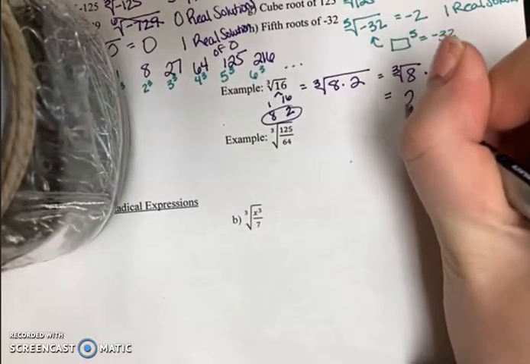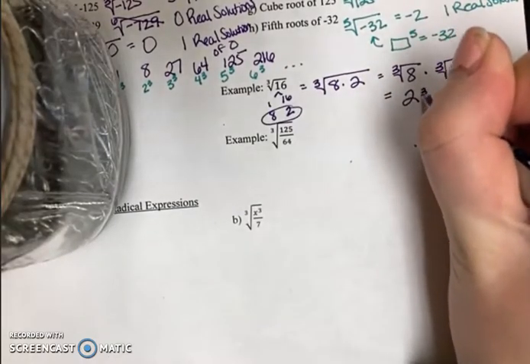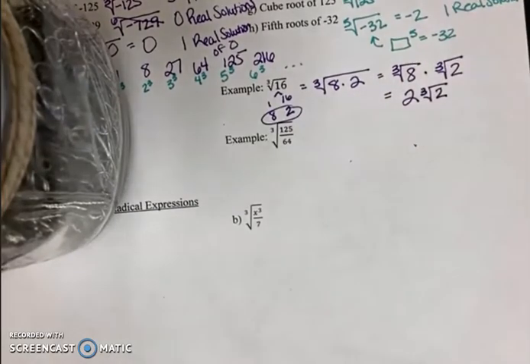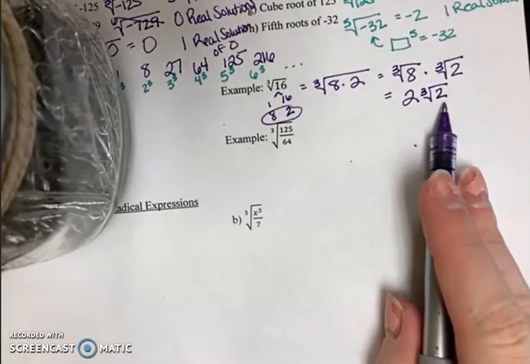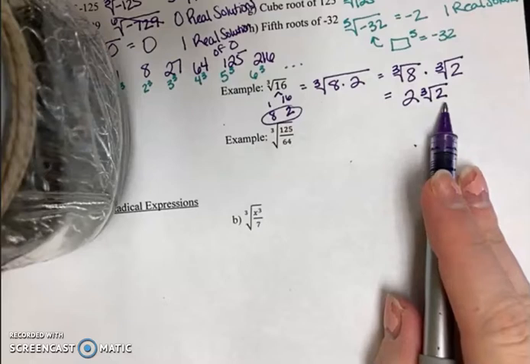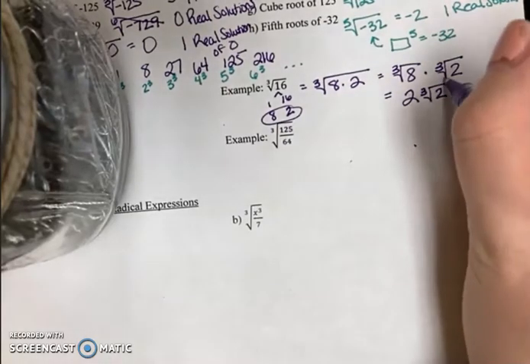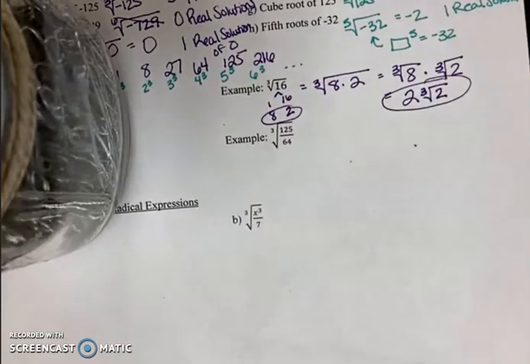So this gives me 2 times the cube root of 2. Can I simplify any further? The answer is no, because the factors of 2 are just 1 and 2, and neither of those numbers are perfect cubes bigger than 1. So that's my answer.